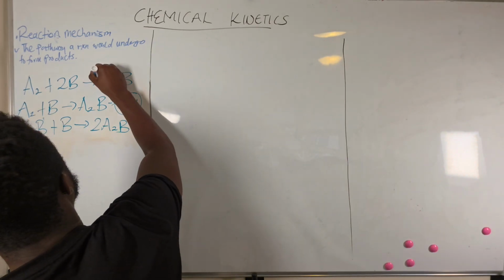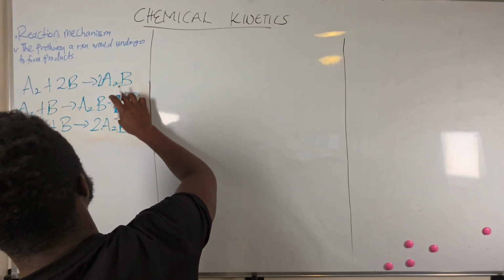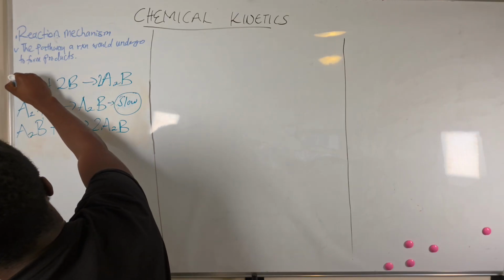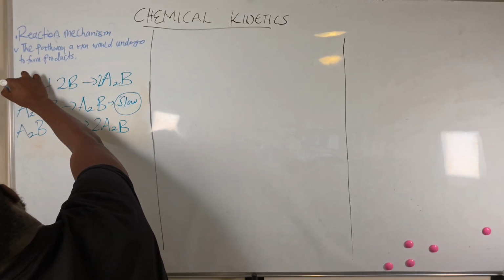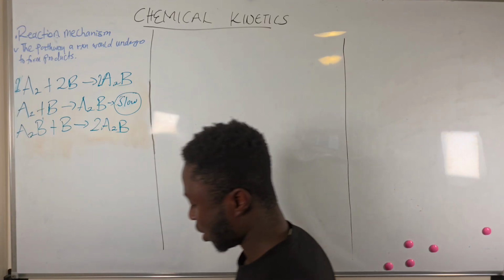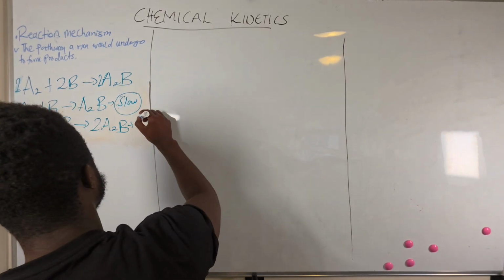If we balance it, I bring 2 here and another 2 here to make the equation balanced, and this would have been the fast pathway.